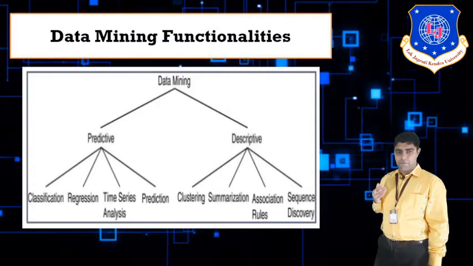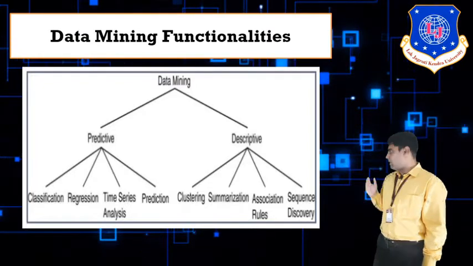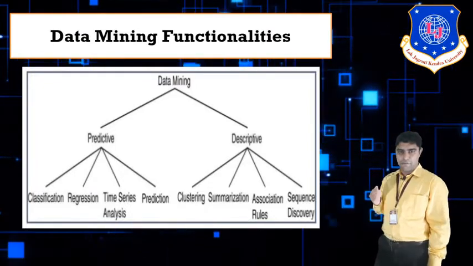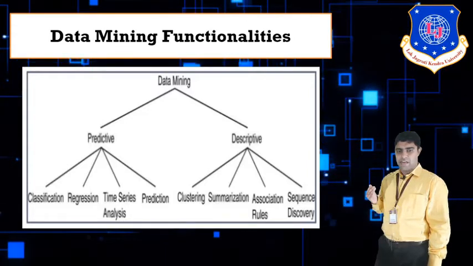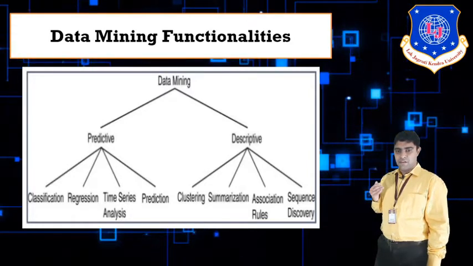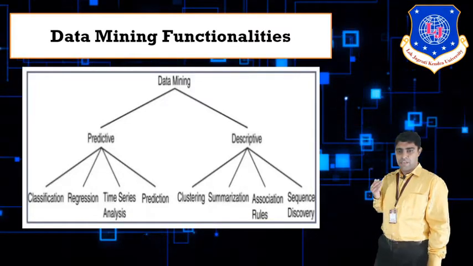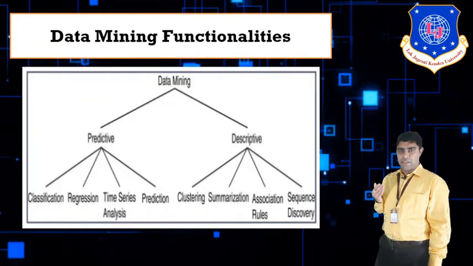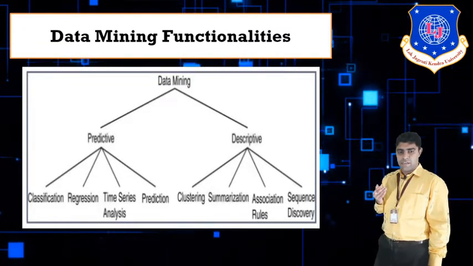Data mining functionalities are divided into two types, predictive and descriptive, as shown in the figure, where predictive is divided into classification, regression, time series analysis and prediction. Descriptive has clustering, summarization, association rule mining and sequence discovery. Classification is a supervised learning technique.